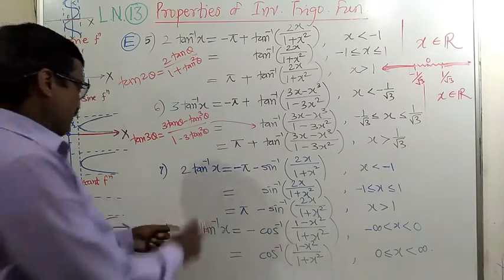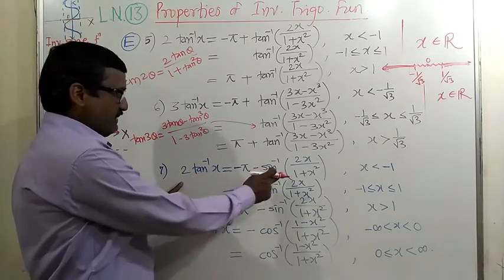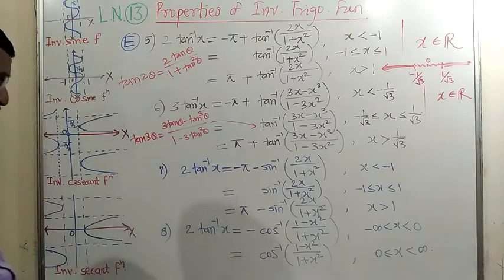Let us see the seventh one. Now this is double inverse tangent function into single inverse sine function.